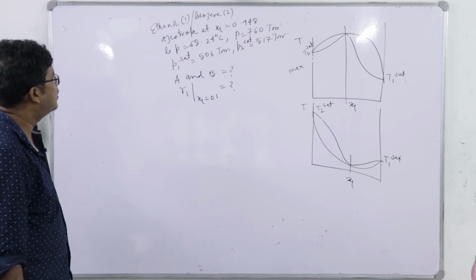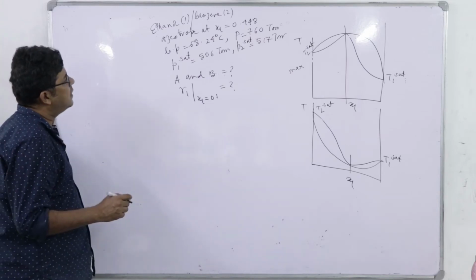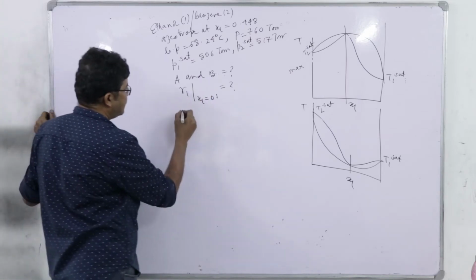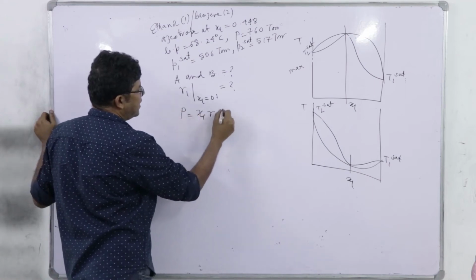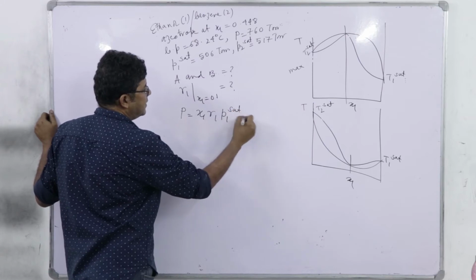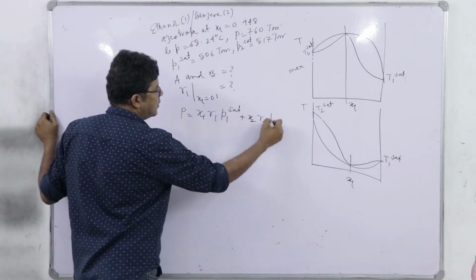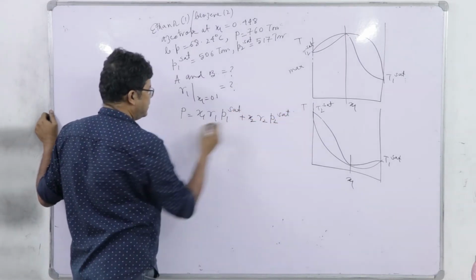At this, P is equal to x1 gamma 1 P1 sat plus x2 gamma 2 P2 sat. That is a general relation.